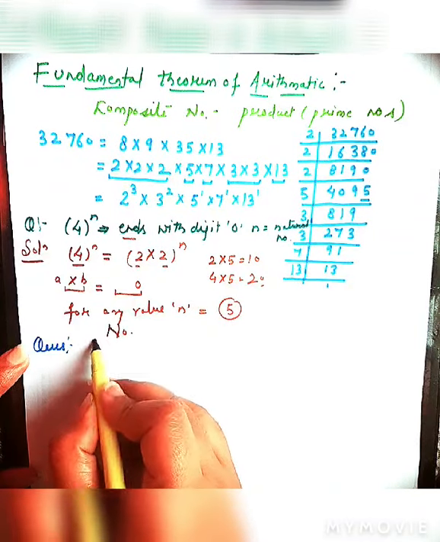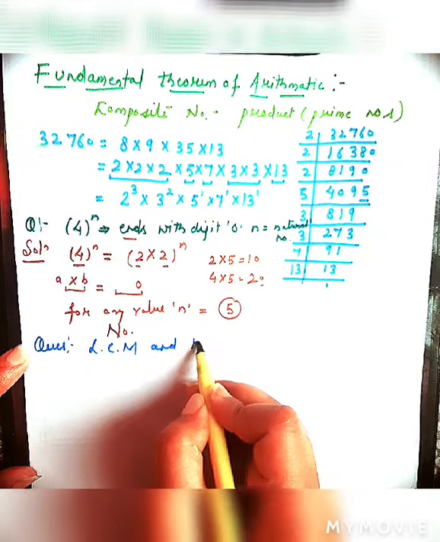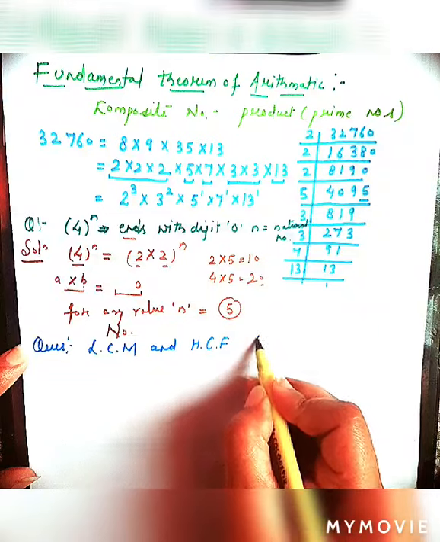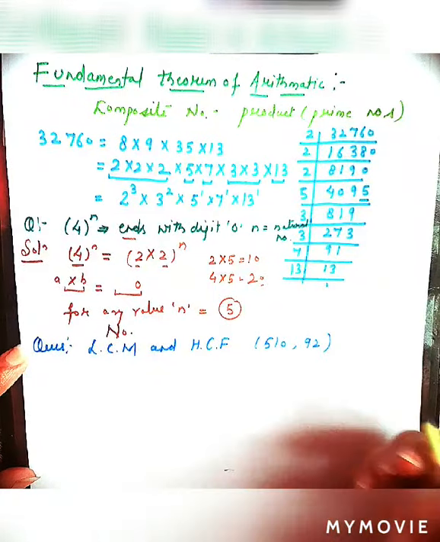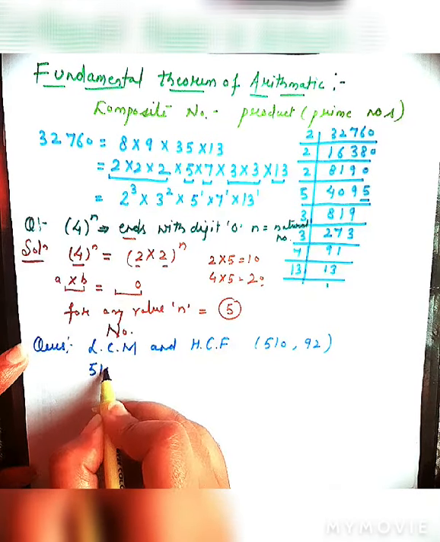How to find LCM and HCF of two numbers. Suppose we have the numbers 510 and 92. How to find LCM and HCF of these numbers? First of all, we will consider 510.